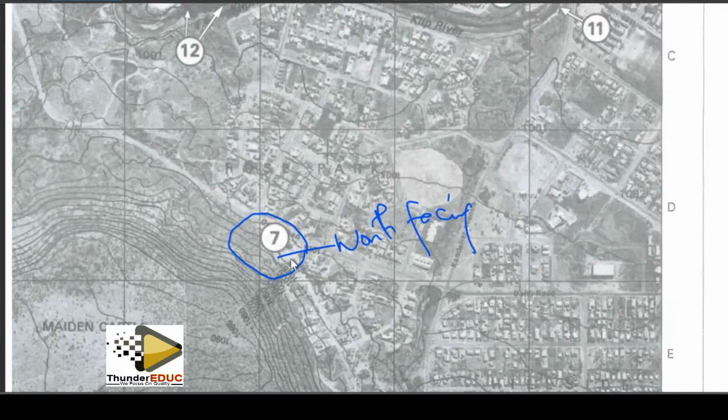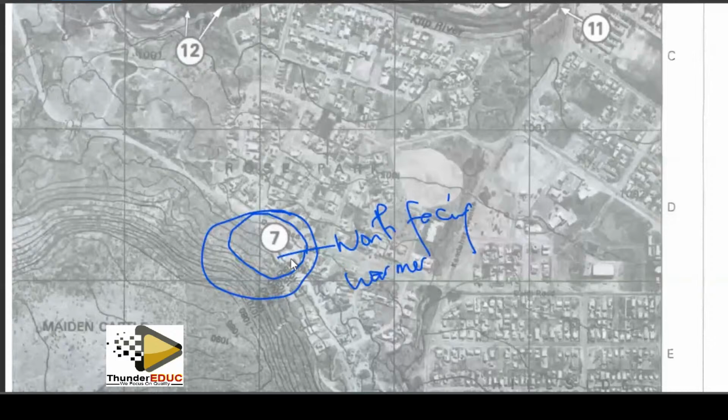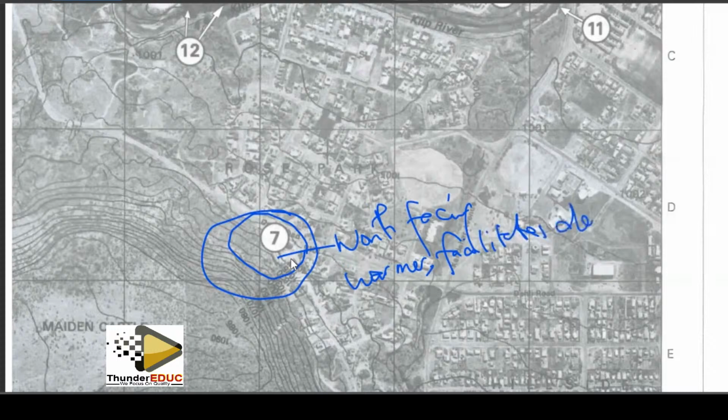How does a north-facing slope facilitate the development of that particular settlement? It's because the north-facing slope is warmer in the southern hemisphere and therefore facilitates development of settlements.